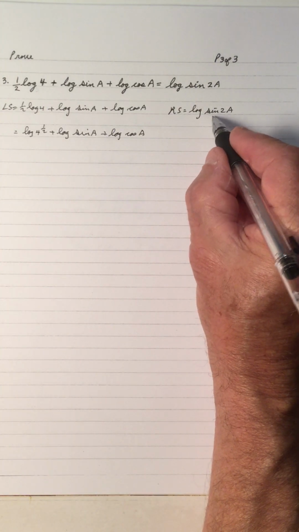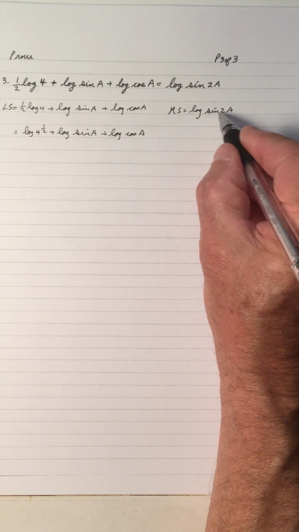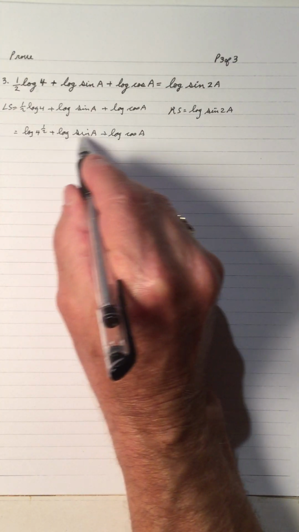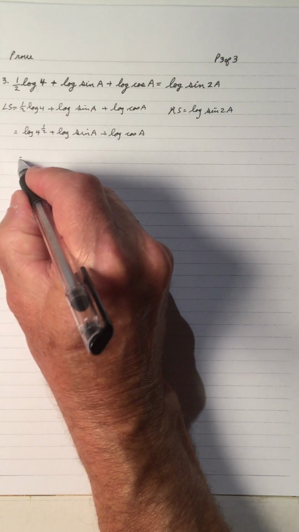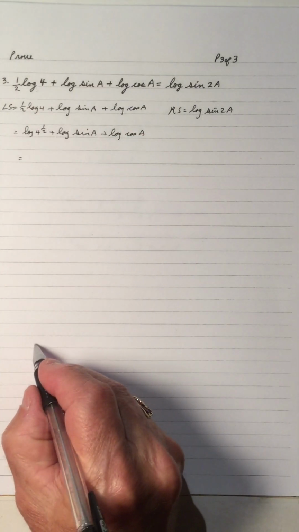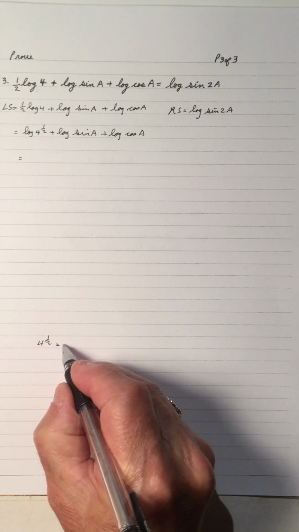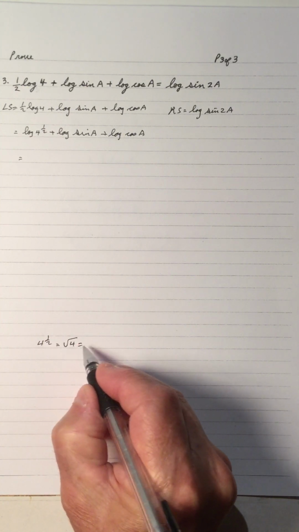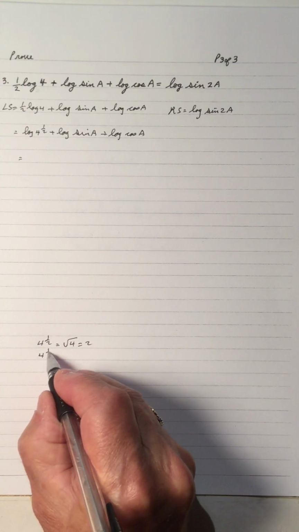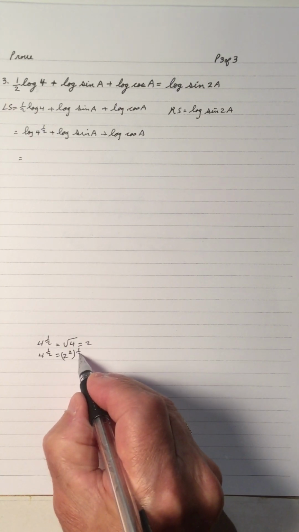And sine 2A is the same as 2 sine A cos A, so I'm looking for 2 sine A cos A here. And 4 to the 1/2 is the same as the square root of 4, which is 2, or 4 is 2 squared to the 1/2.